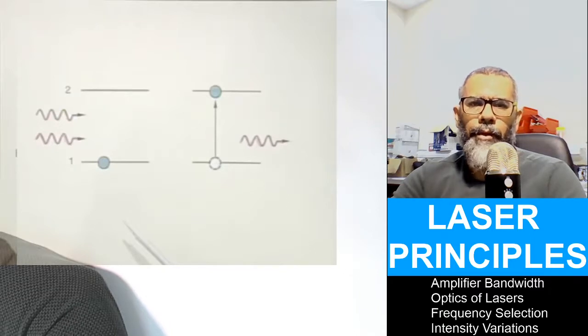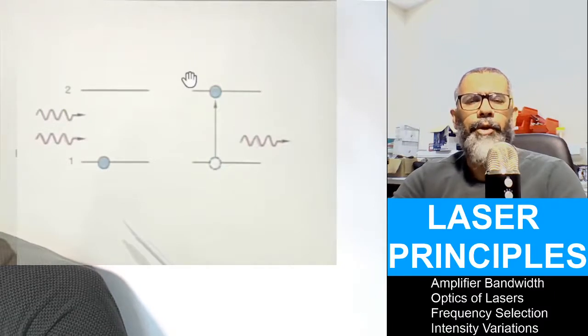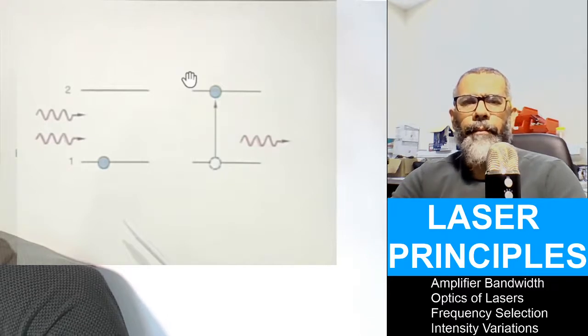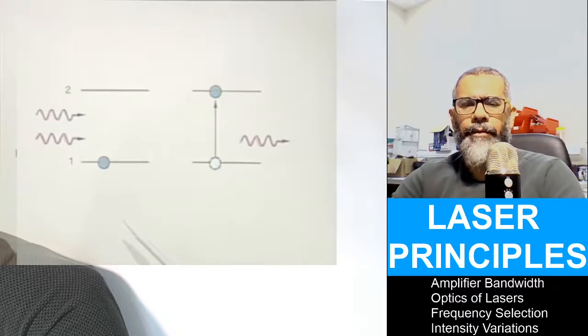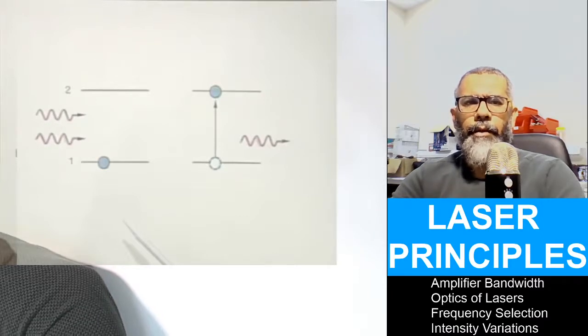If you look at the amplifier at the microscopic level, the atomic level, we picture the light as some number of photons. Let's say 2 photons are coming over here.